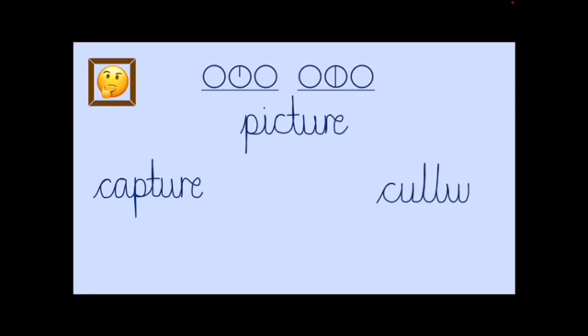Capture. We're using the same regular ending. That's how we spell capture. And this time I think we'll have culture. And we will follow that with fixture.